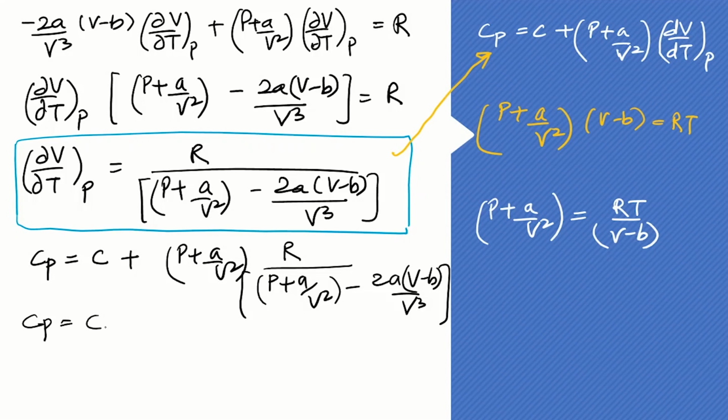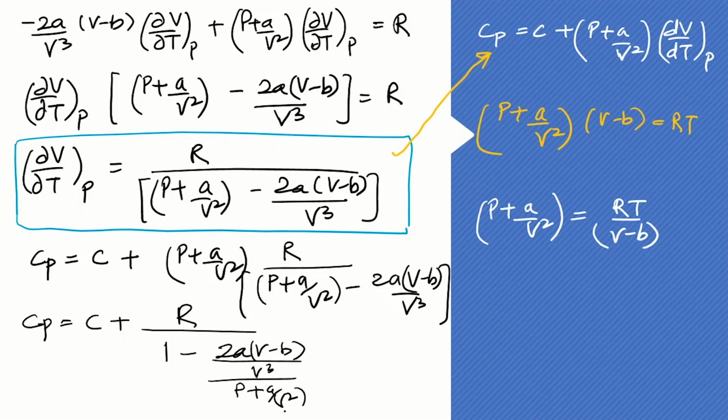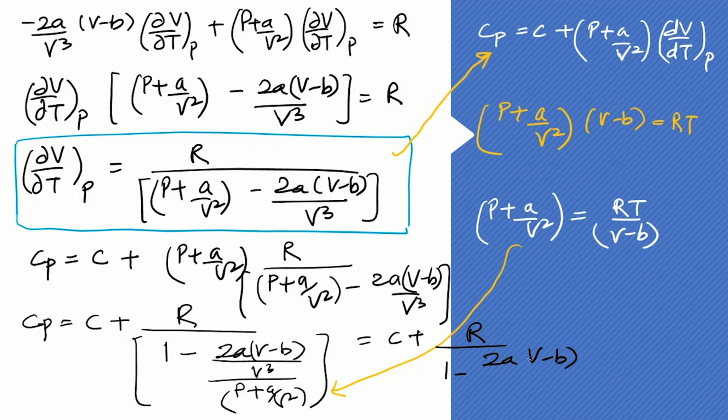Rearranging this, we will get R, and this will be 1 minus 2A (V minus B) over V cube (P plus A over V square). And we will replace this P plus A over V square. This will become C plus R over 1 minus 2A (V minus B) whole square over RT V cube. This is the expression.